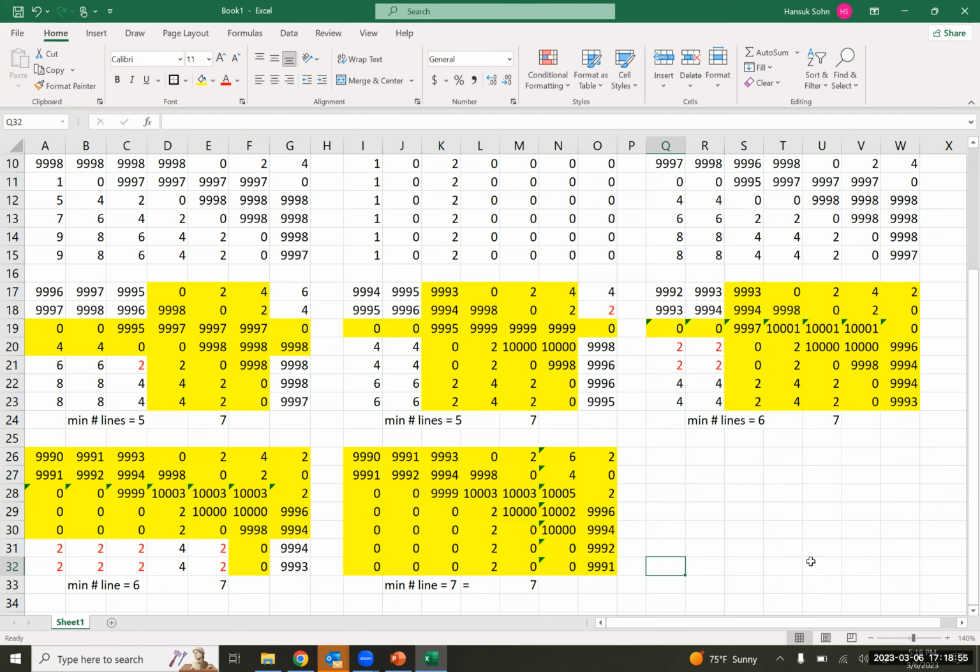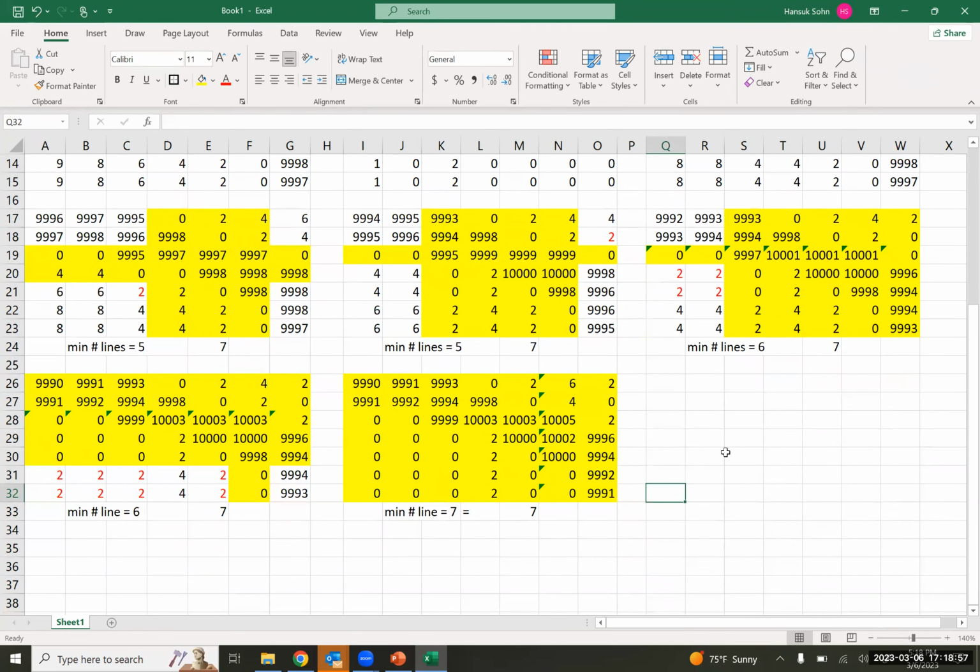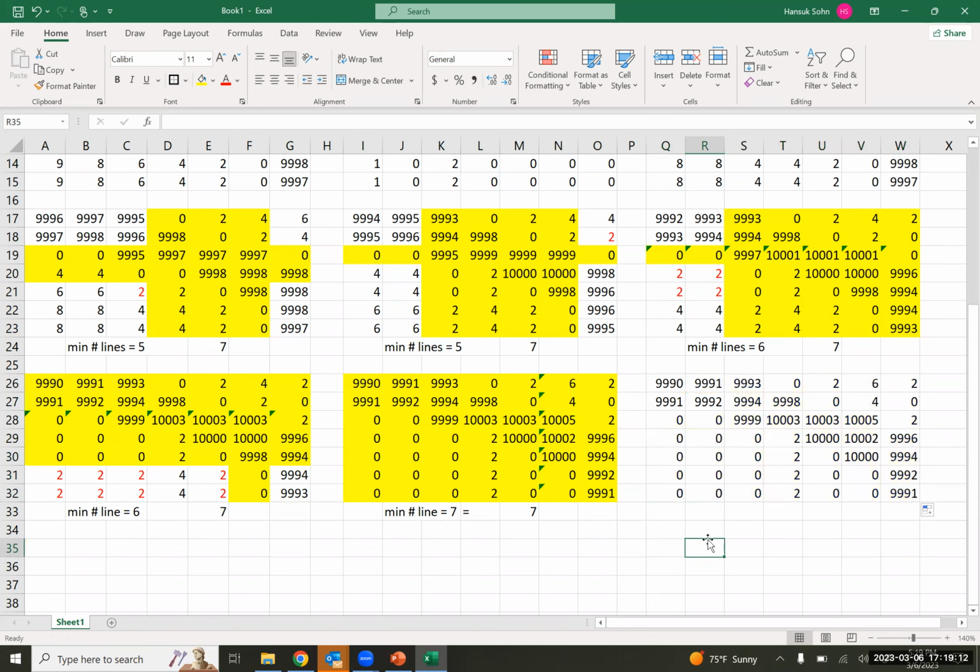So let me copy all of these values so that I can show you the zero cost assignment. Okay. So for the zero cost assignment, you need to identify the location of zero that appears only once for each row or each column.